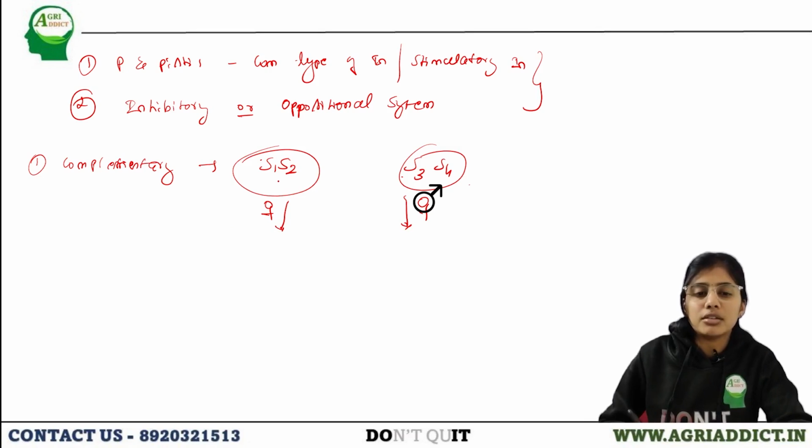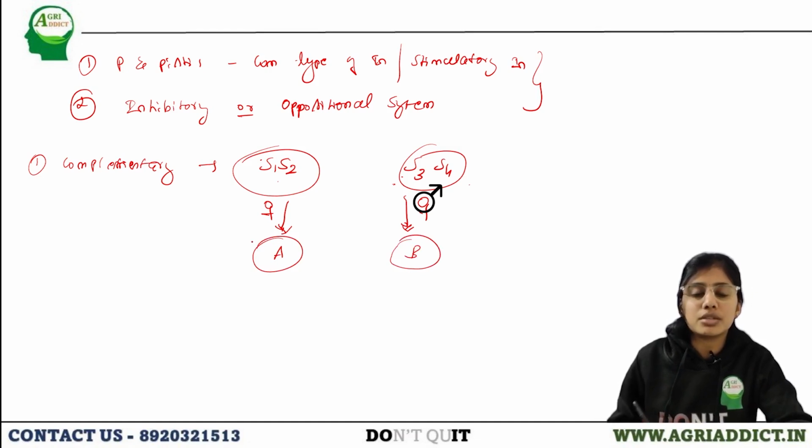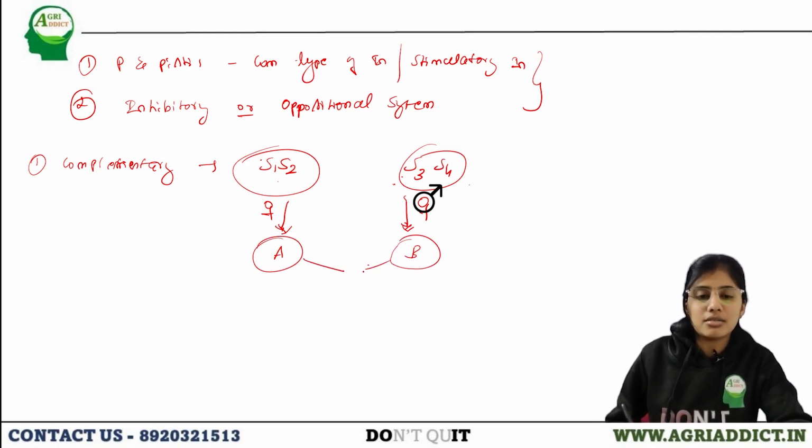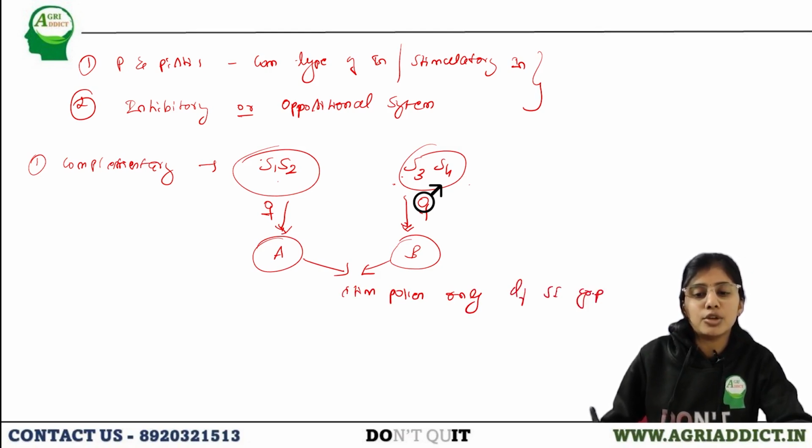Only when these two plants belong to different self-incompatibility groups, both plants will produce some substance. Let us say this plant produces A substance and this produces B substance, which act as stimulators for each other. That is, they stimulate pollen germination only when they belong to different self-incompatibility groups. This kind of system is operative in Dendrobium.